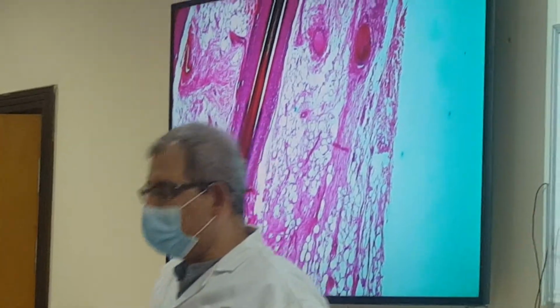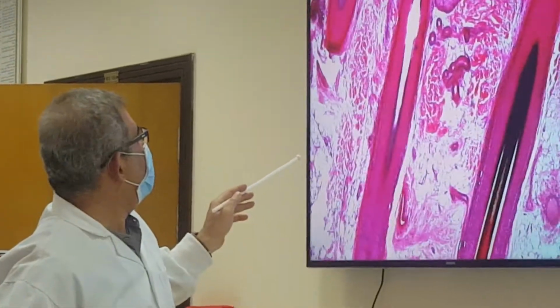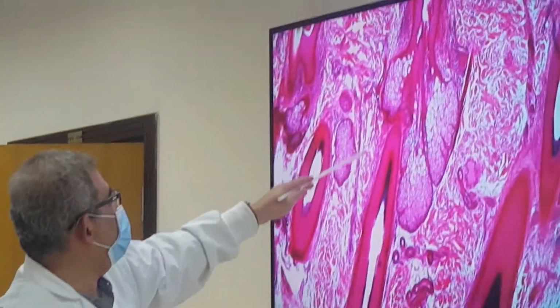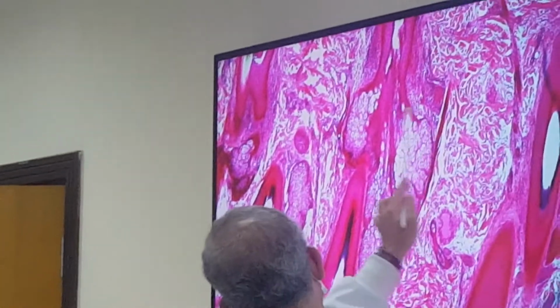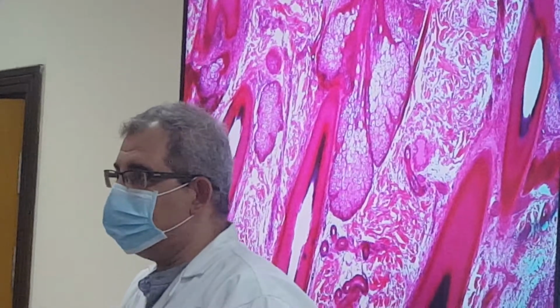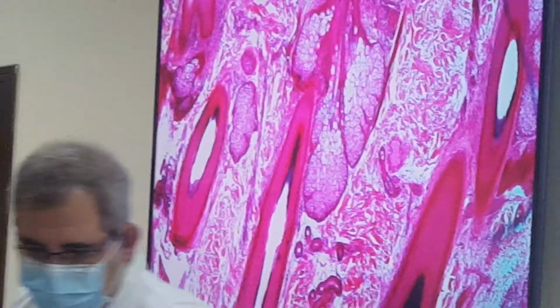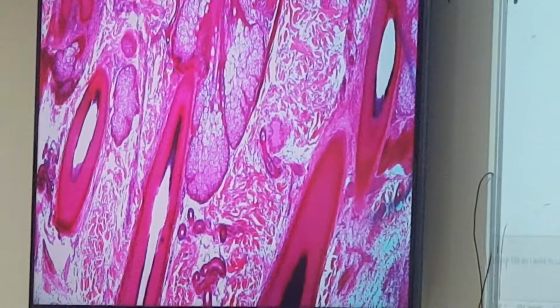Okay? So, hair follicles. Now usually associated with the hair follicles, you will find these structures here. See? How do they look? They are very unique in shape. Let me put it on the labeling so that you won't get lost.